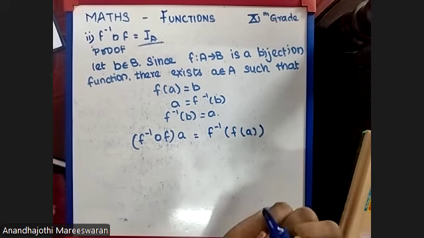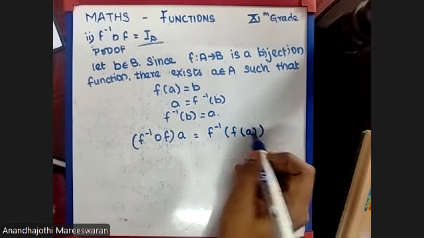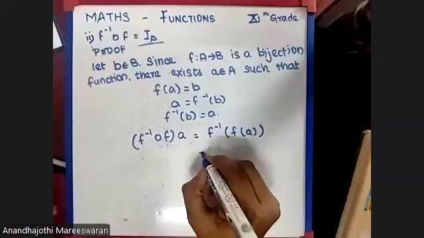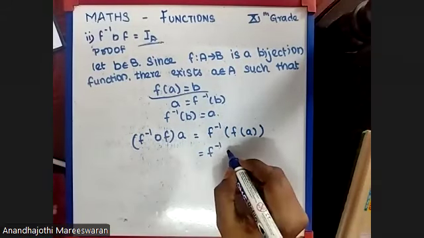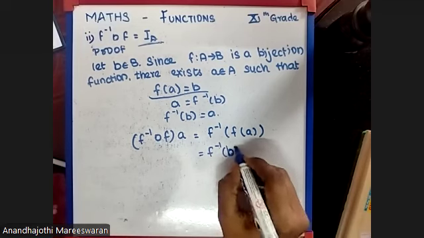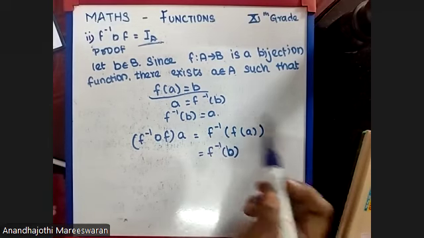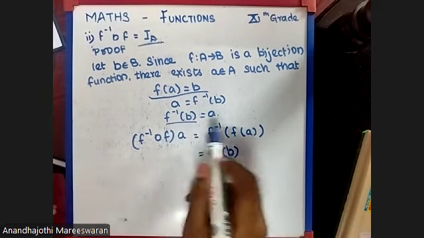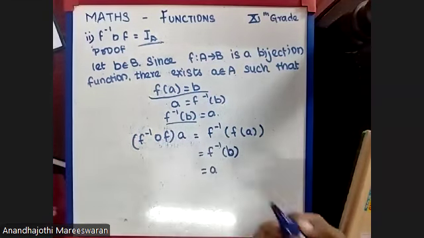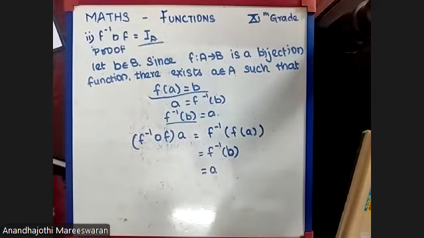Right? Who is f of a? We know that right here, f of a equals b. Then who is f inverse of b? Which is a. Right?